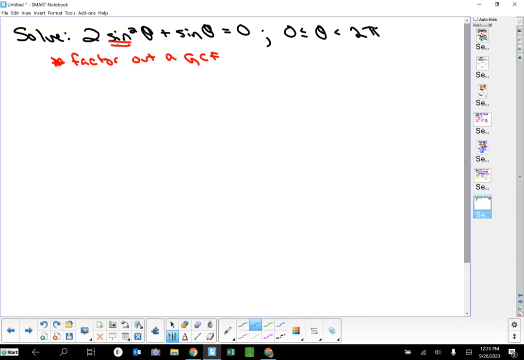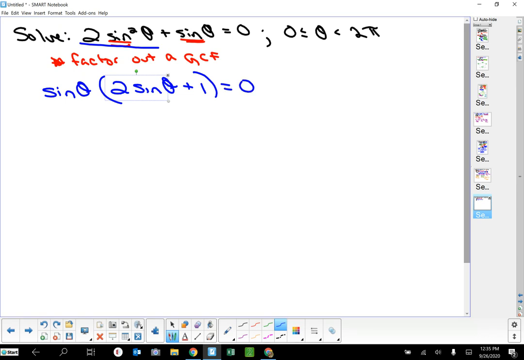And that GCF is a sine of theta. So I'm going to take out a sine theta, and that's going to leave me from the first term a 2 and a sine theta, right? Because there's 2 of them there. And from the second one, it will leave me just a 1 equals 0.